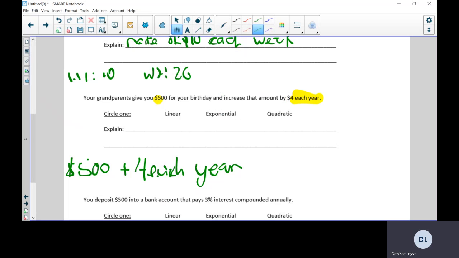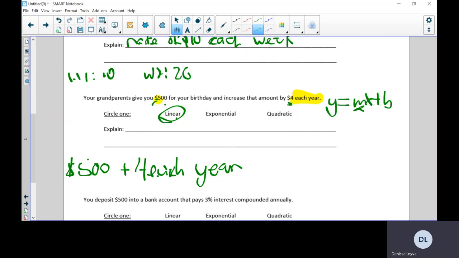Now, if you guys remember, a linear equation is y equals mx plus b, where m is the slope or our rate of change. In this case, our rate of change would be 4, and b is a constant. Constant just means something that will always stay the same. In this case, it'd be $500.